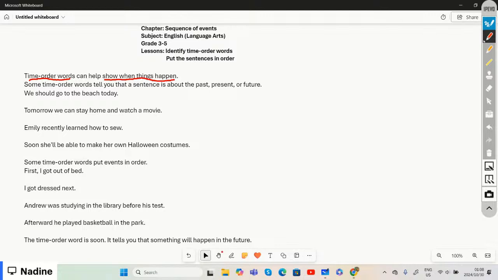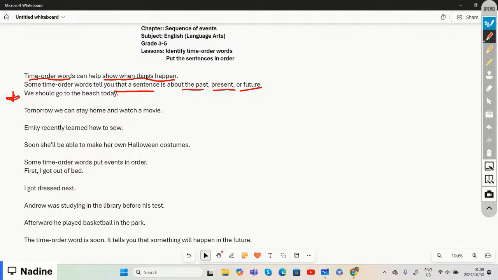And some of our time order words tell you that the sentence is about the past, the present, or the future.